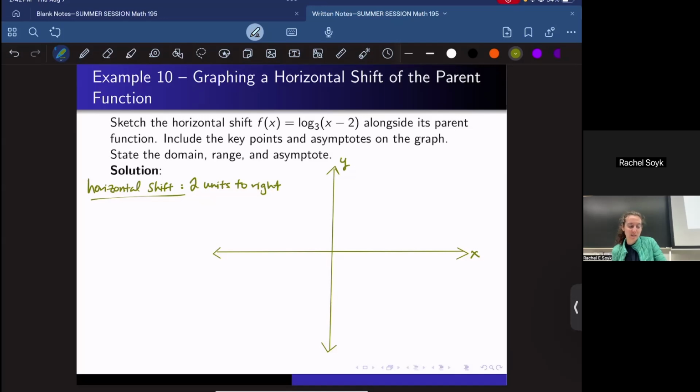How many people think horizontal? It's vertical, right? Vertical asymptote at what? At x is equal to 2. Yeah. Okay. So let's sketch in our vertical asymptote.